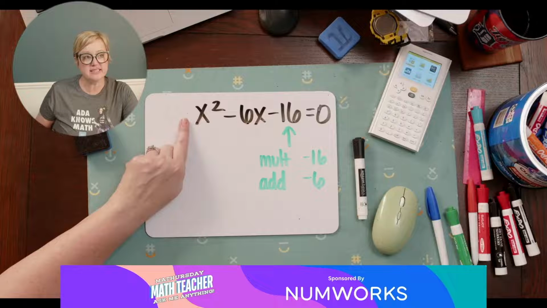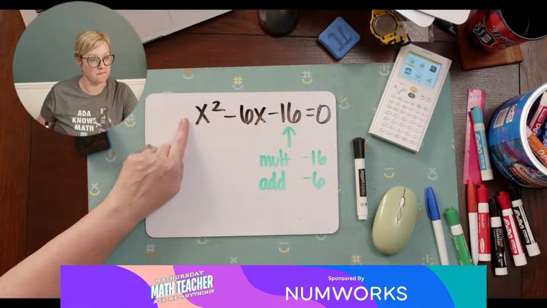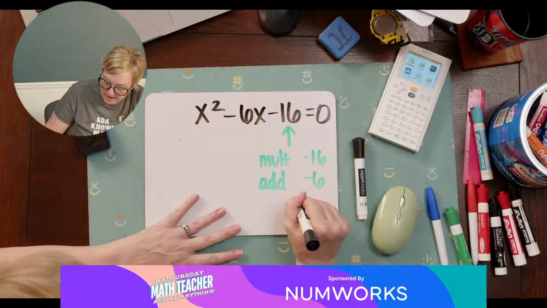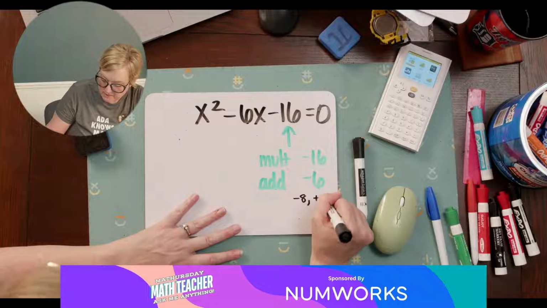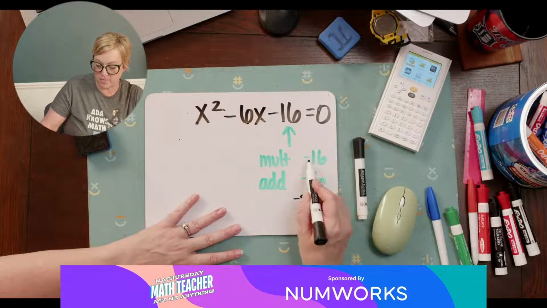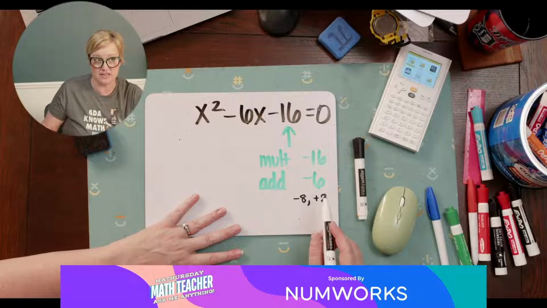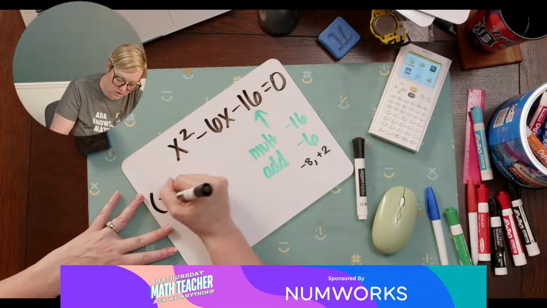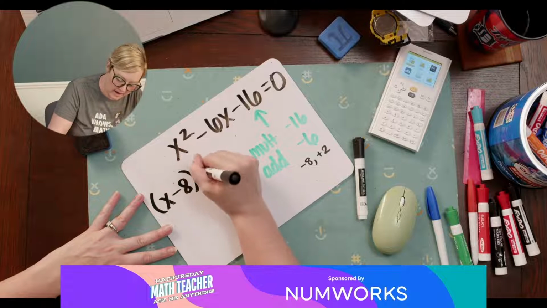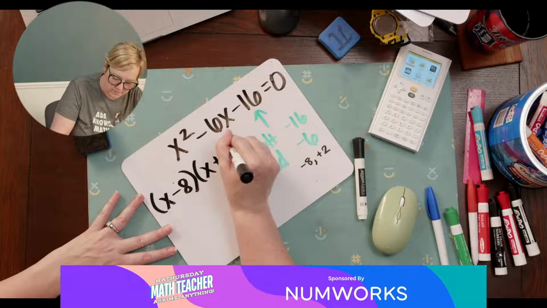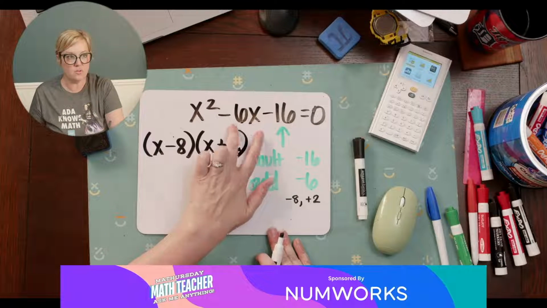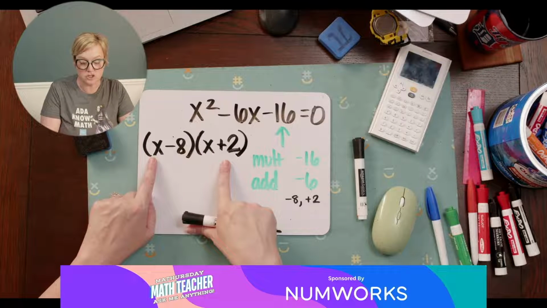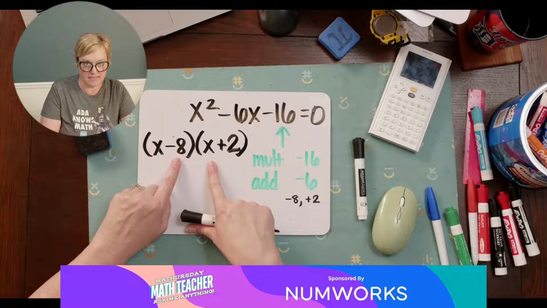Since this x squared doesn't have a number in front of it, I can use my -8 and +2, which multiply to -16 and add to -6, as the numbers in my binomials. x times x is x squared, x times 2 is 2x, -8 times x is -8x.